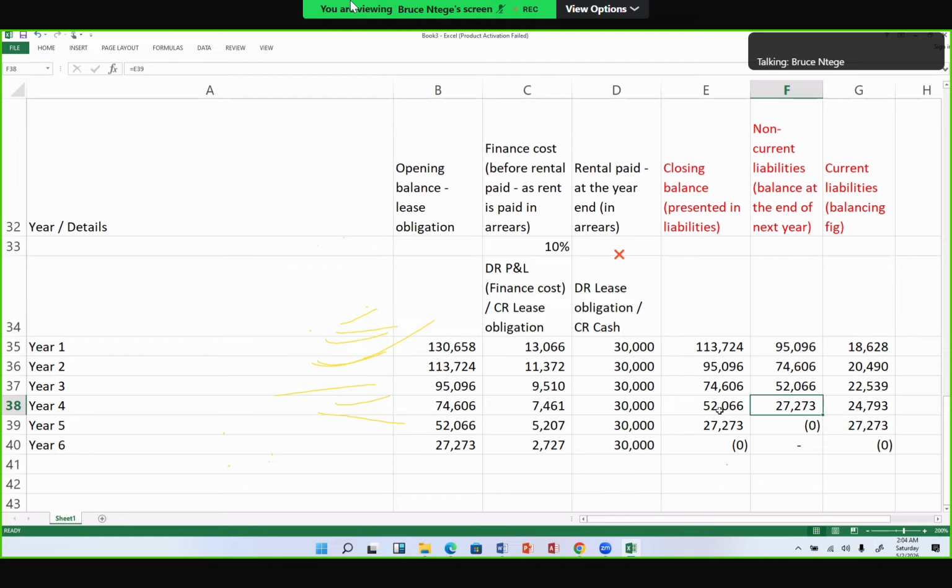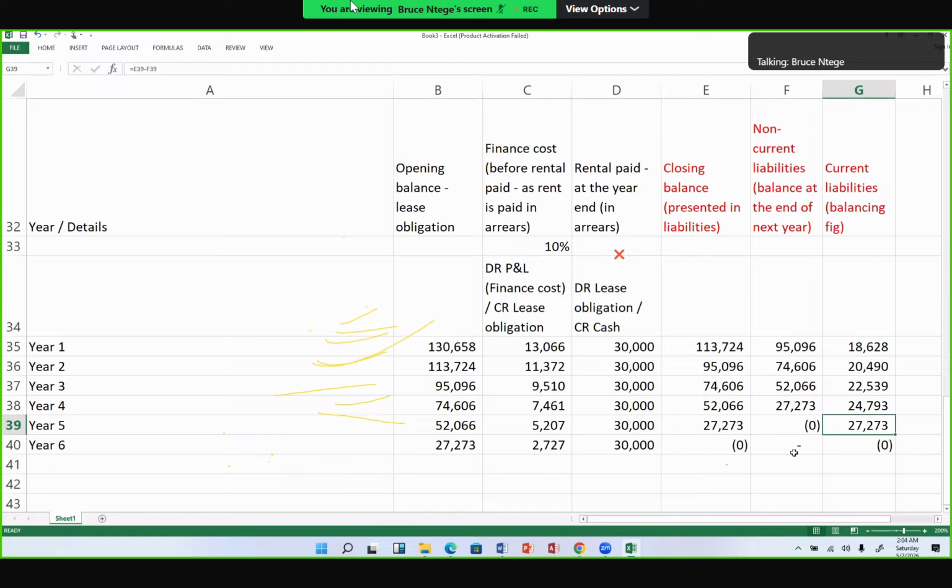Year 4, again, you realize that the closing next year, 27,273, will become the non-current liability. And the current liability is the mathematical difference between the 52,066 and the 27,273. Then year 5, you realize that the non-current liability will be 0 because next year we shall have 0 balance, and that means that all these liabilities are current liability.